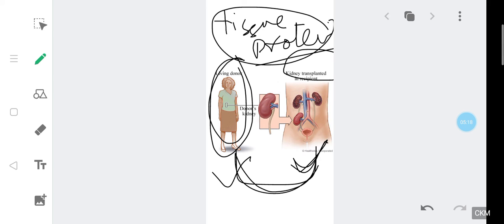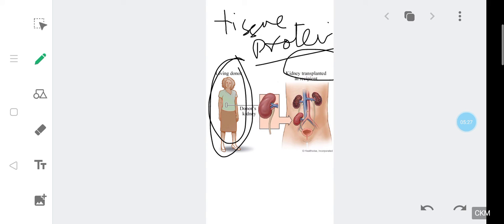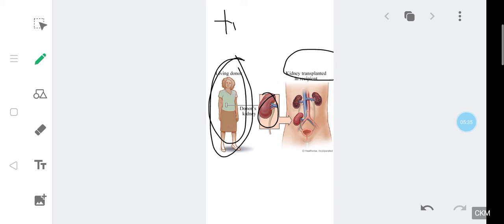If these proteins match, then a donor can easily donate the kidney to the recipient. A donor can be living or it could be deceased. I mean, a dead person can also donate the kidney. Sometimes the body rejects the kidney the first time, so the doctors give a second attempt.